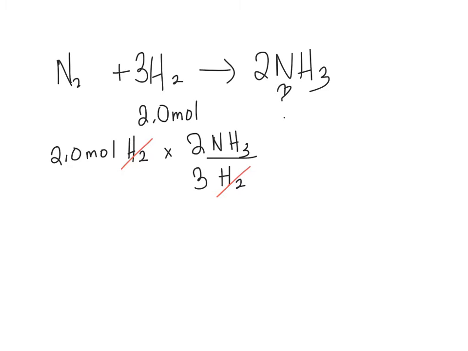My units are now going to be moles of NH3. So what's 2 times 2 divided by 3? Okay, so 1.3 moles of ammonia can be produced.